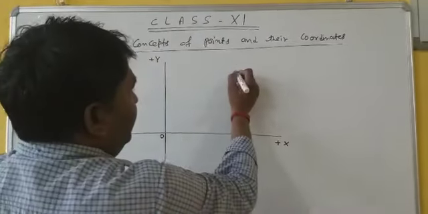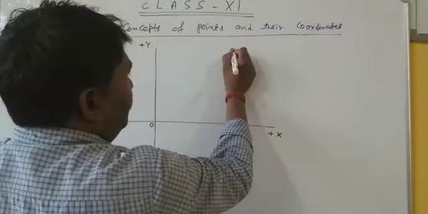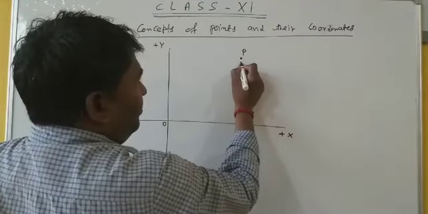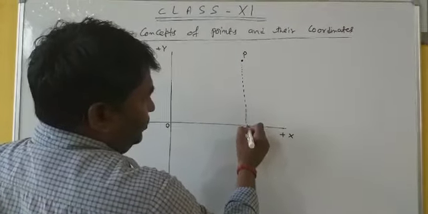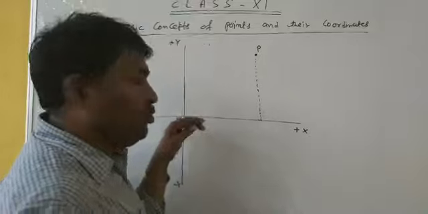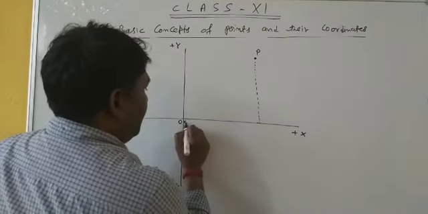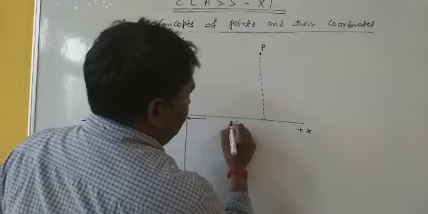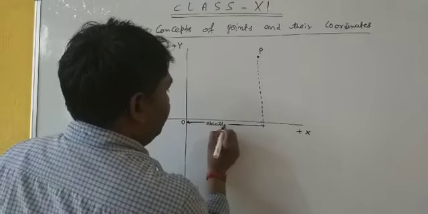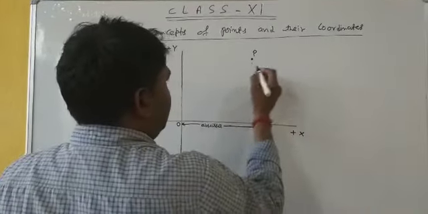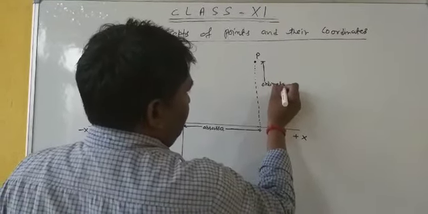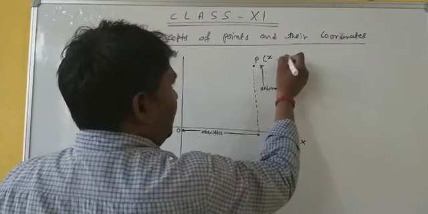For the coordinates of a point, if you have to represent a point, let it be P, then its position will be represented from the origin, since all points' positions can be represented from the origin. Along the x-axis the distance is called the abscissa, and along the y-axis it is called the ordinate, meaning its coordinates are x comma y.